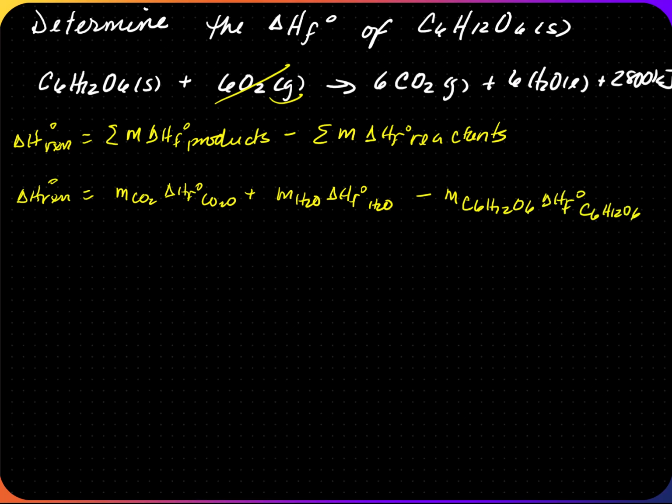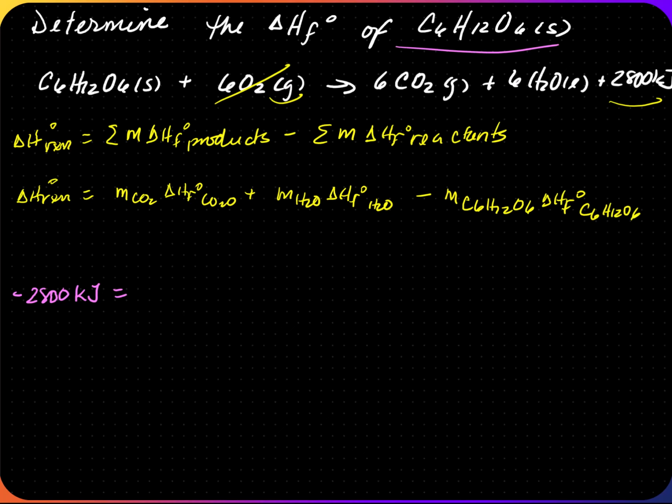Here, the heat of reaction is provided for you because the heat is given as 2800 kilojoules. It is on the product side, so this is an exothermic reaction. So when I put this in, this is going to be negative 2800 kilojoules for the heat of reaction. So we are looking for glucose.